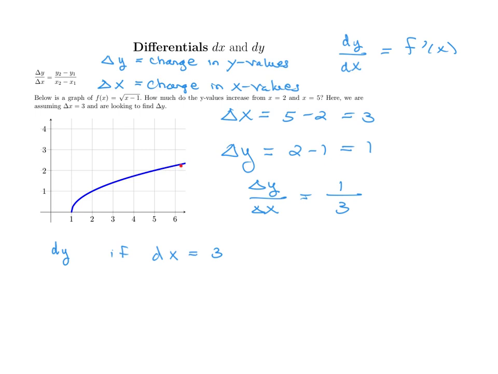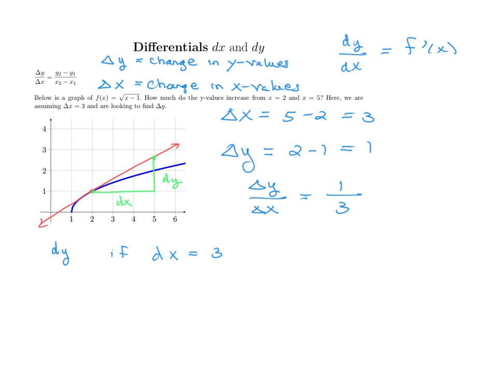Well, the derivative isn't the actual function itself, but you can visualize it by drawing a slope of a tangent line, which I'll do next. So here, if you actually draw the tangent line, you get something like this. And we're saying that if you start here and you go over 3, that's dx, how much does dy change by? So in this case, if this is dx, this distance is dy.